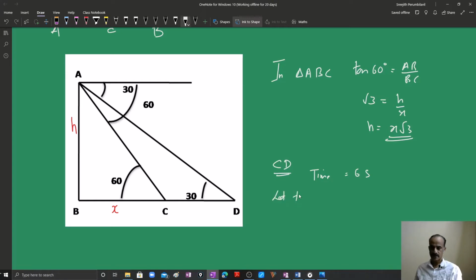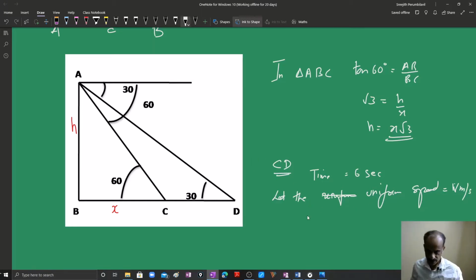Let the uniform speed be V, maybe meters per second.